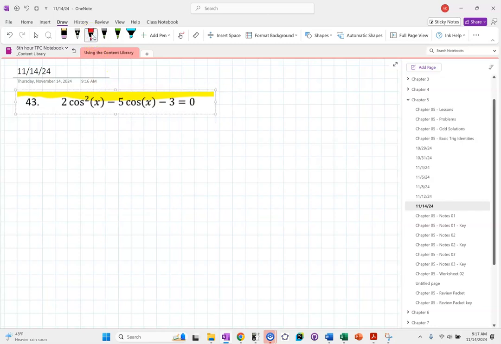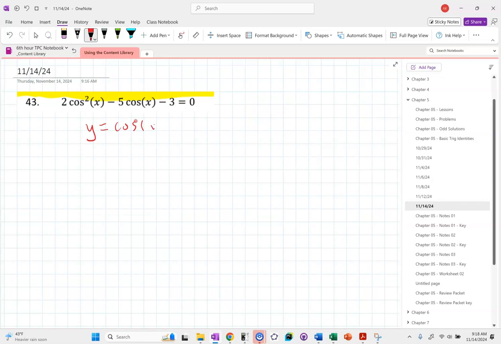And so for part B, we're looking to find all solutions, right? Okay. So here, this looks a lot like a quadratic, right? If I think about y as cosine, then this would be like 2y squared minus 5y minus 3 equal to 0.